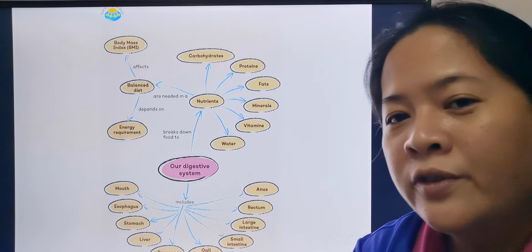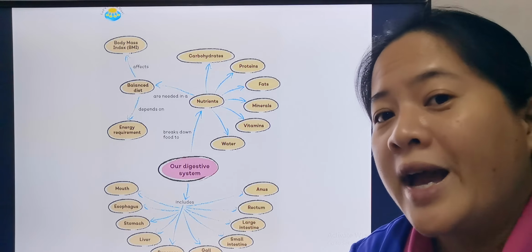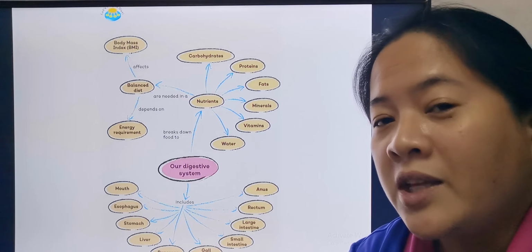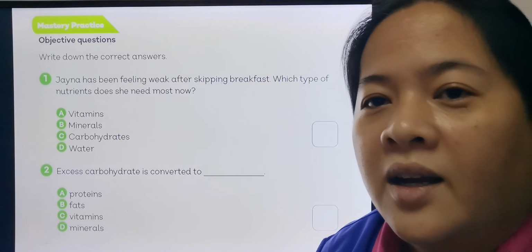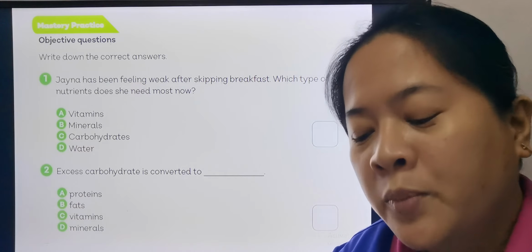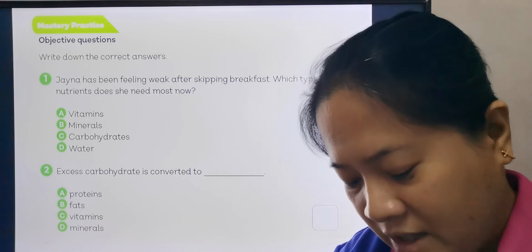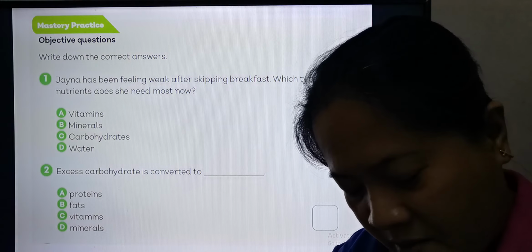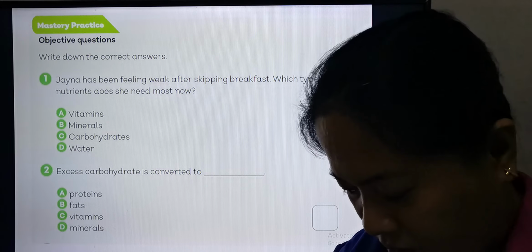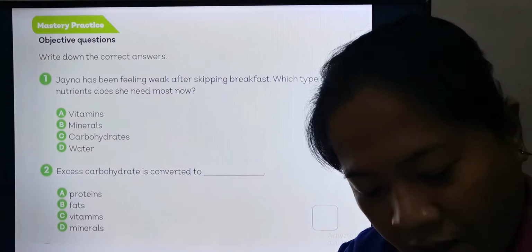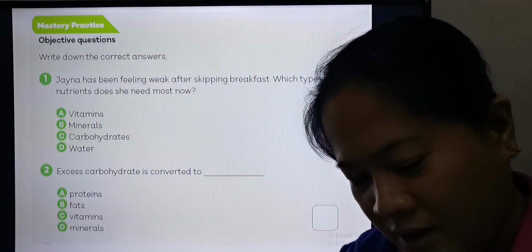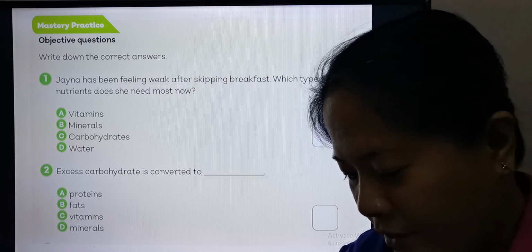So we will move on to your workbook. We're going to answer those pages that we haven't answered yet. Okay, so for your workbook, we already answered pages 1, 2, 3, 4, 5.